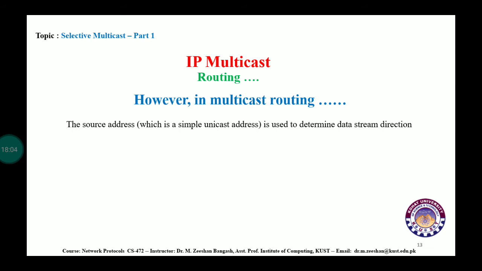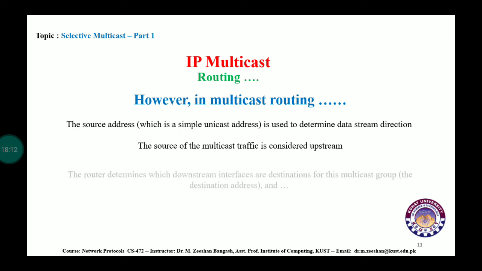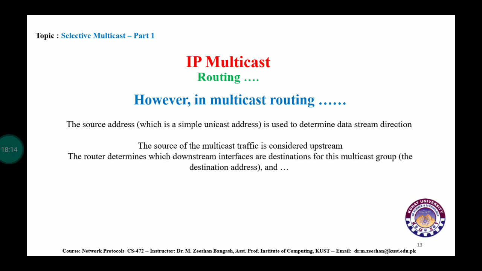The source of multicast traffic is considered upstream, and the router determines which downstream interfaces are destined for this multicast group, and also the packets that are to be sent through the appropriate interfaces.